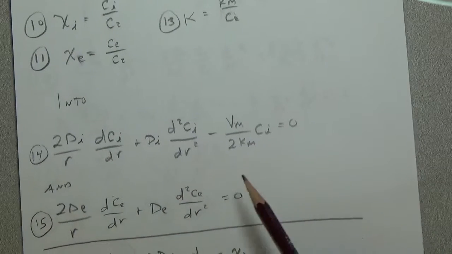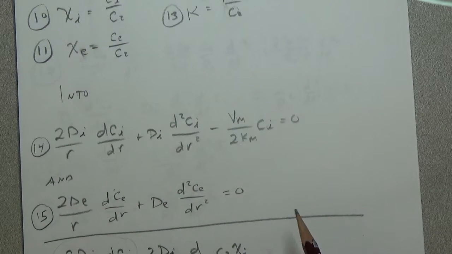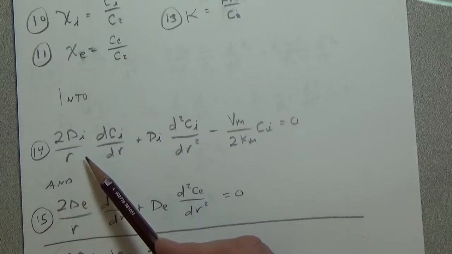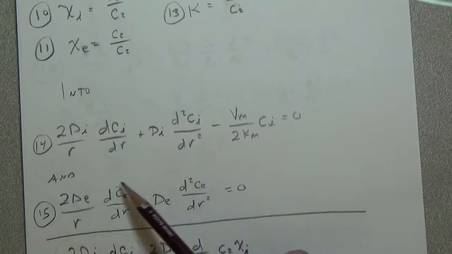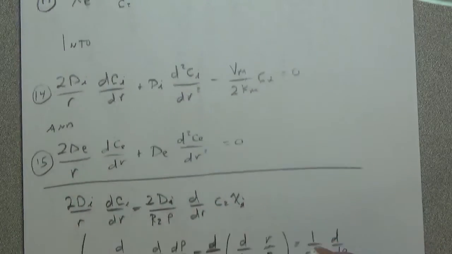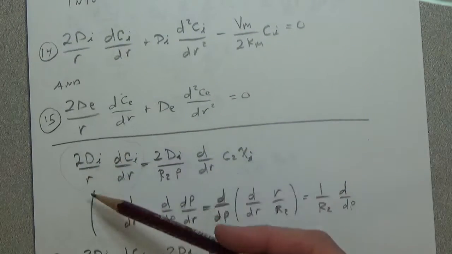The substitution changes our original differential equation into this and this. So this is the ordinary differential equation for the interior and the ordinary differential equation for the exterior. And these are the problems that we had performing our substitutions.